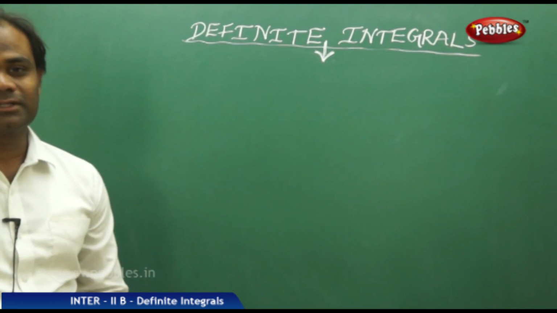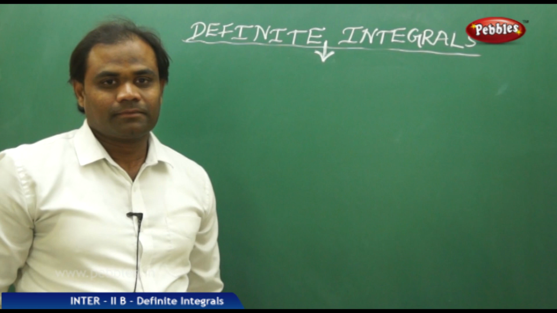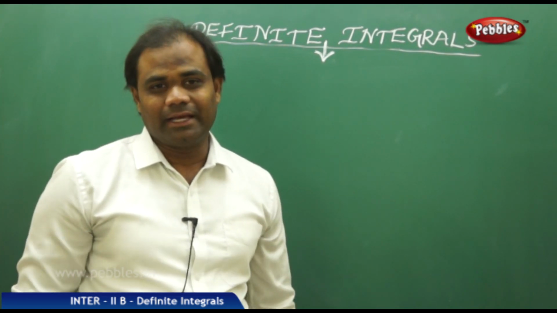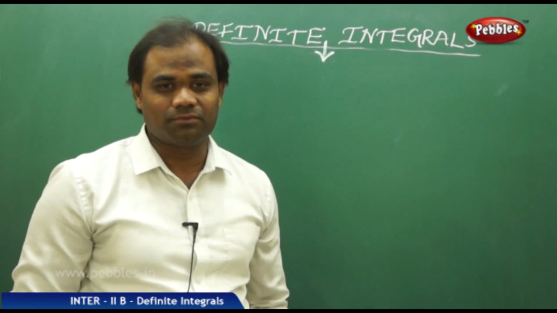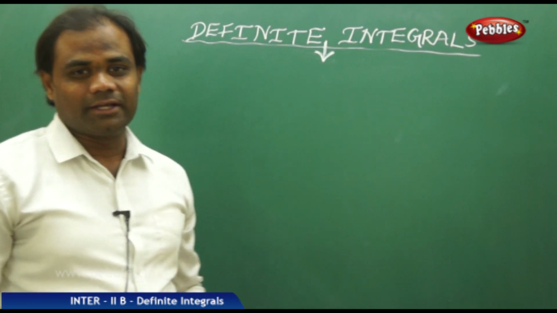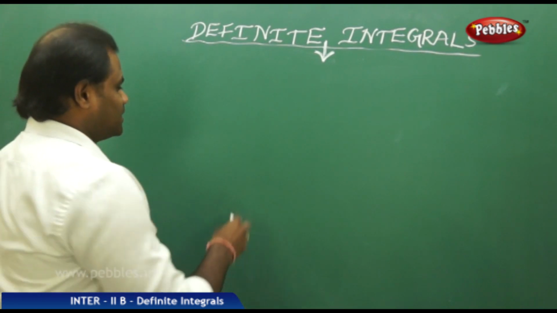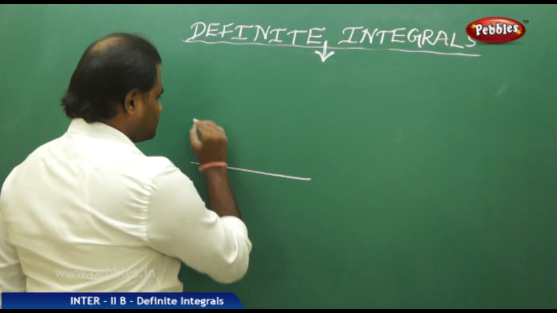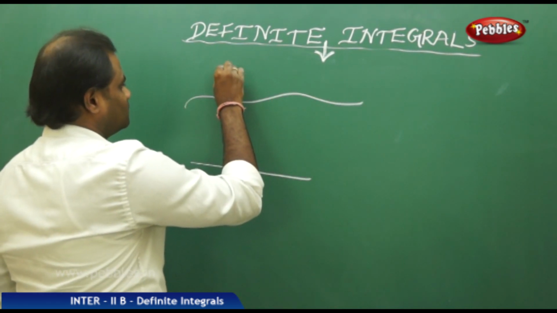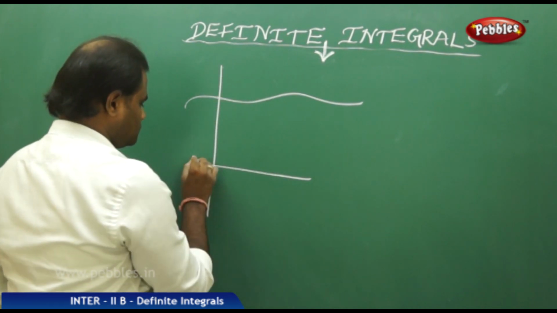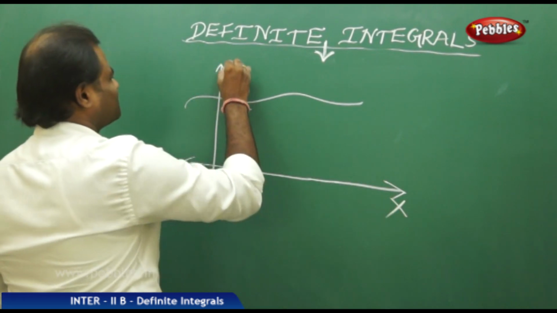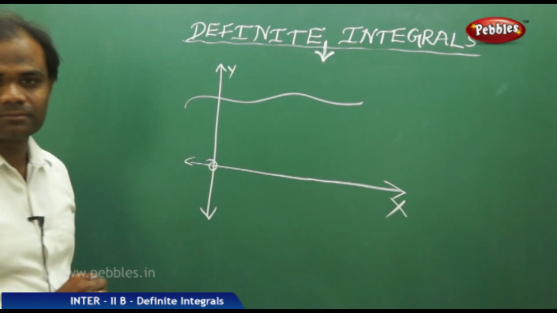Definite integrals connected with geometry. As we have seen in the introduction, calculus has two unresolved issues, one being finding the equation of tangent line and the next being finding the area under the curve. So let's connect with the curve, the x-axis, y-axis and origin.